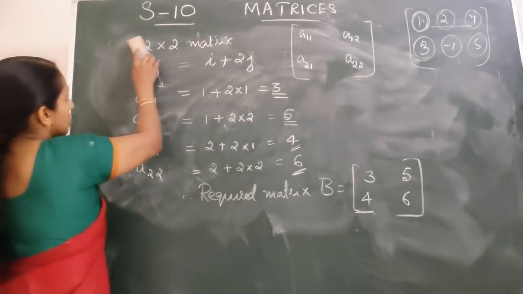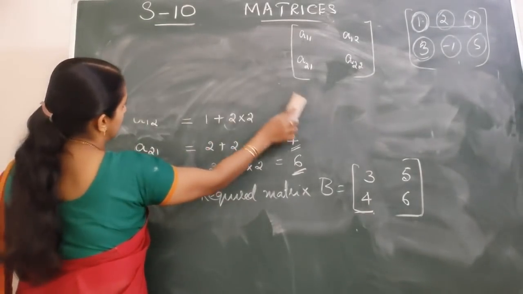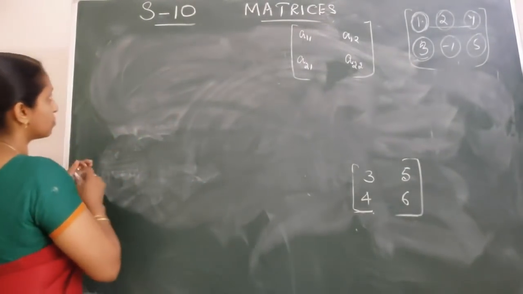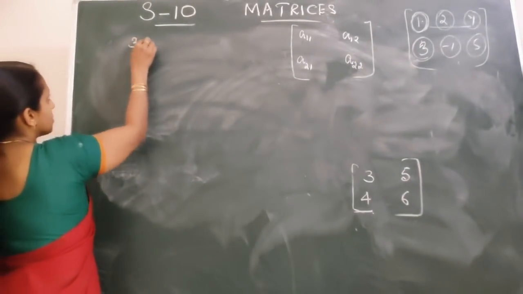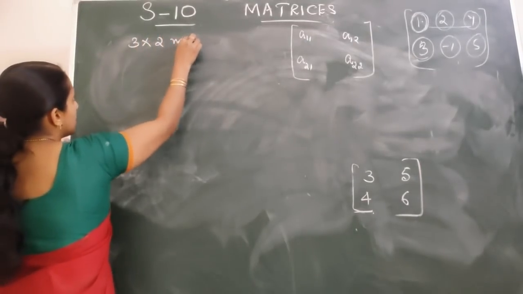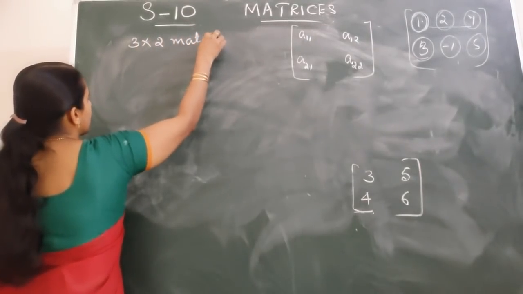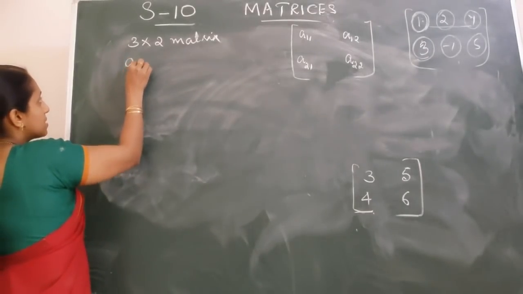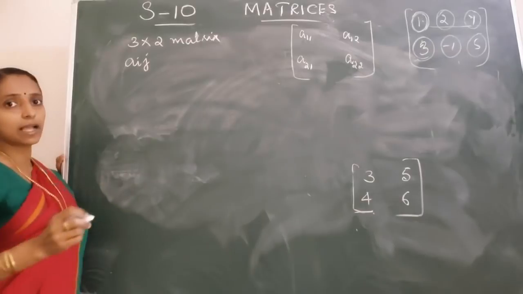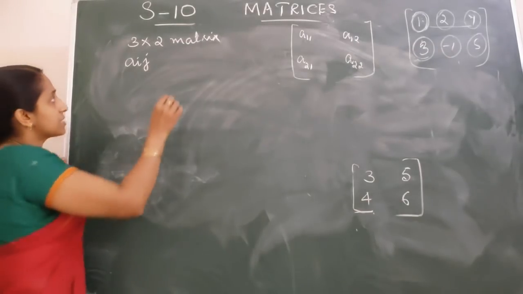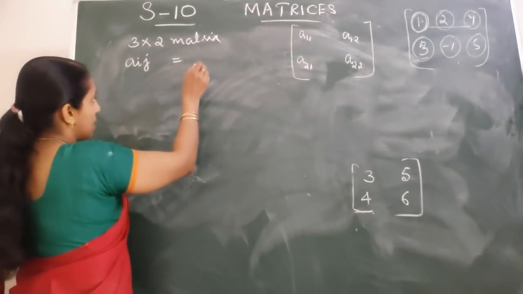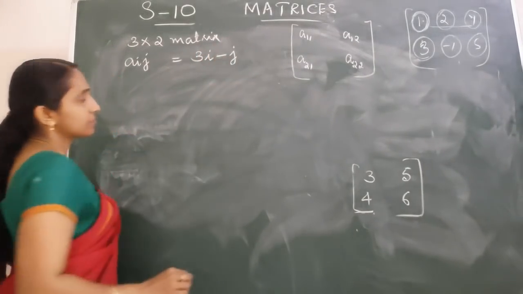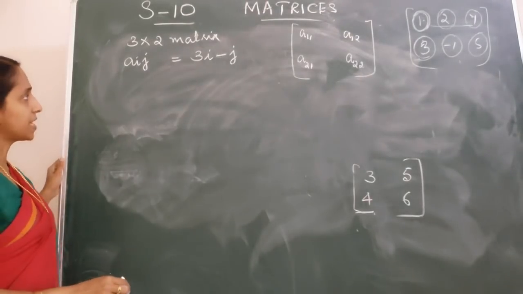And we'll solve one more question. Construct a 3 by 2 matrix. 3 by 2 matrix means what? You need 3 rows and 2 columns, whereas the general format Aij is given as 3i minus j.